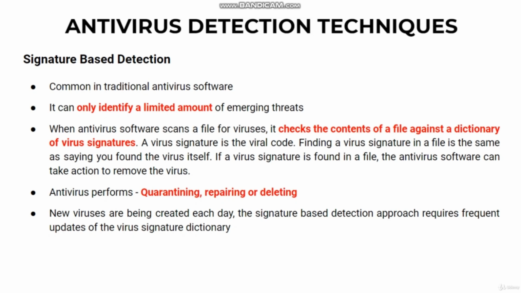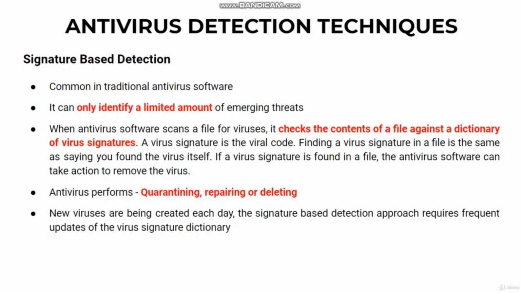In this lesson, we will see how an antivirus software detects whether the file has a virus present in it. So in short, we are going to discuss the detection techniques. The first one is signature based detection. It is the most common method to identify viruses and other malwares.